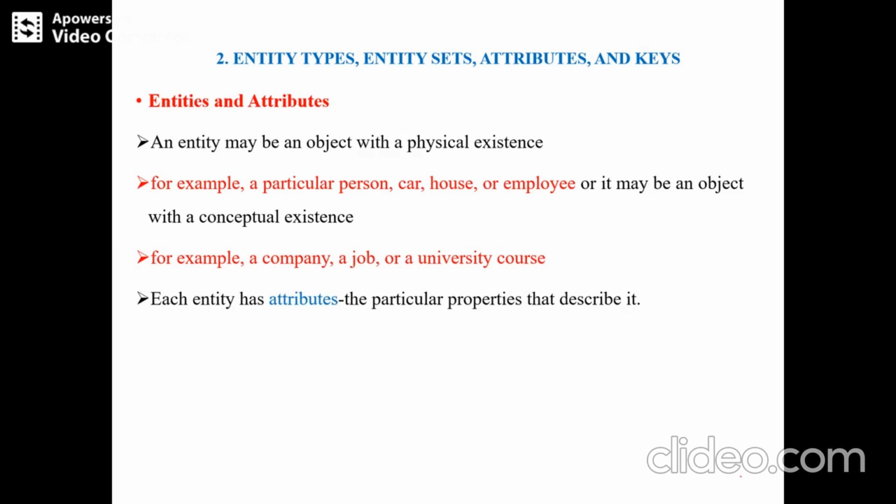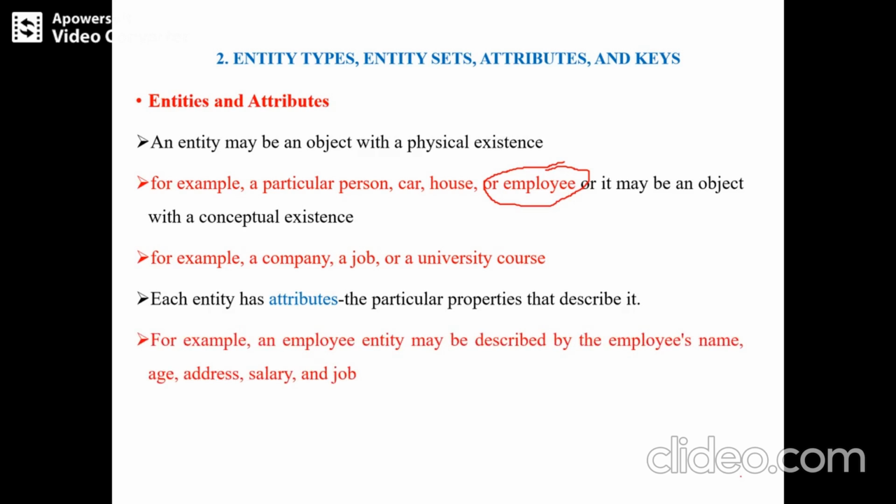Each entity will have attributes. An attribute can be defined as a particular property of an entity. For example, if you consider an employee, the employee will have an employee ID, employee name, date of birth, address, age and salary.